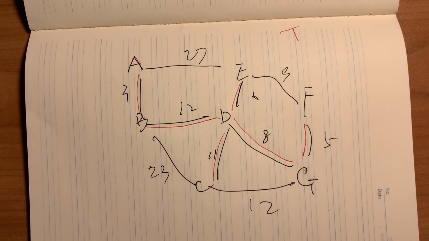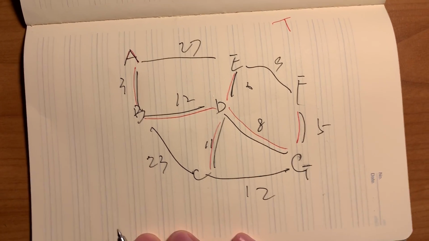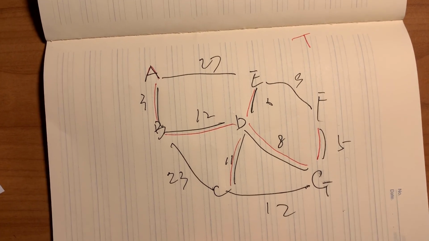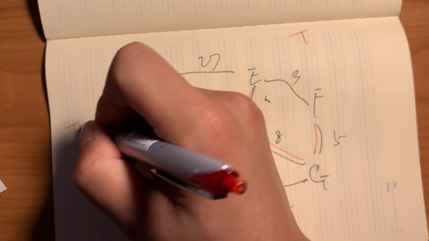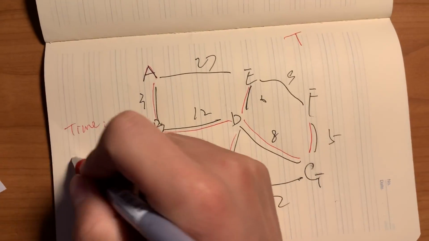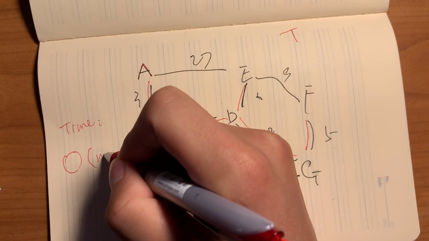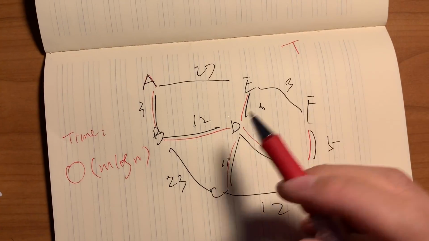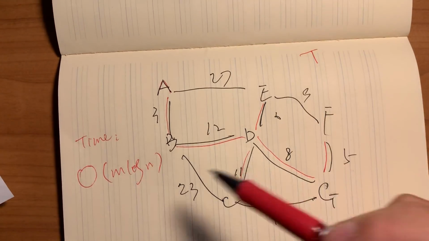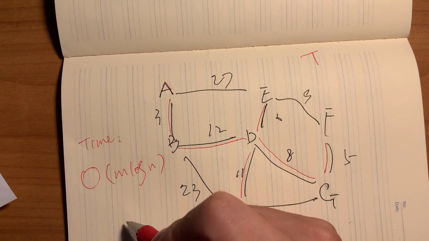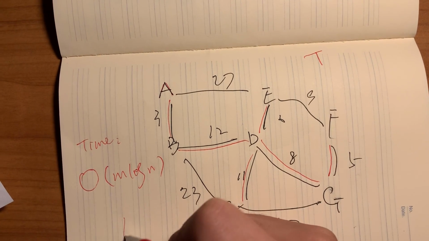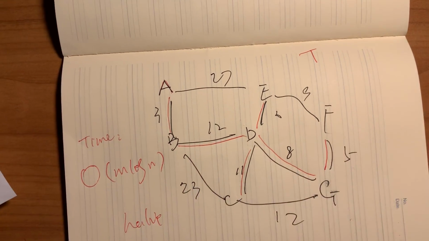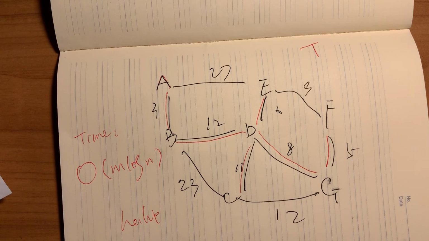minimum spanning tree. So for this whole process, the time complexity is big O of m log m. Why? Because every time we go through the components, we literally halve the number of components.